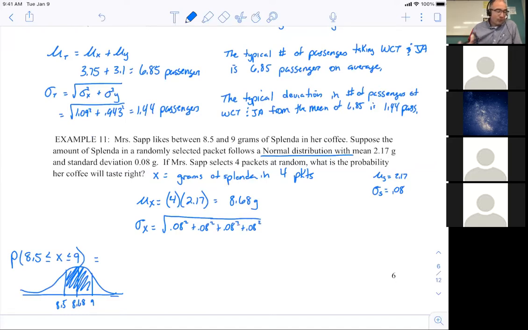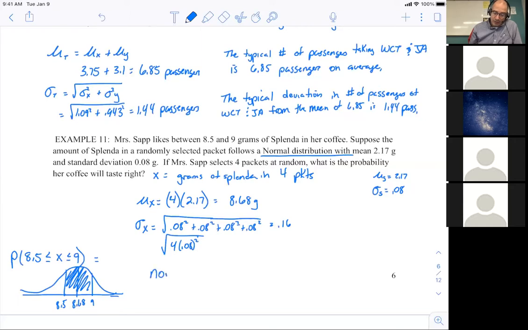So we're going to have to do that 4 times, okay? And we're going to get 0.16 out of that. Technically, we could have done 4 times 0.08 squared and got to the same thing. It doesn't really matter.